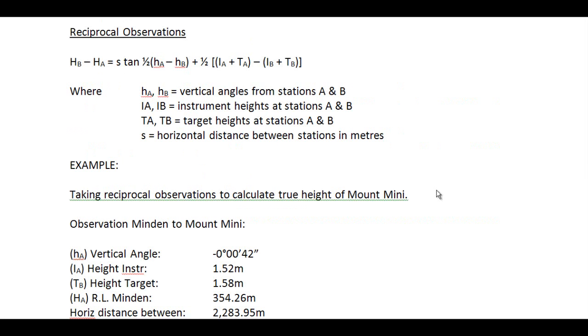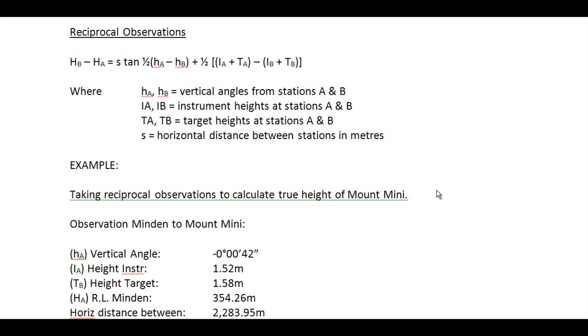Okay, now we're going to have a look at some reciprocal observations. This is where we observe the difference in height from each end of the line, and this cancels out curvature and refraction, so we don't have any need to apply a curvature and refraction correction when we do reciprocal observations.